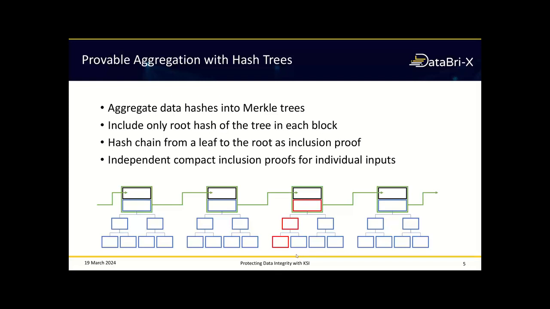But after those two steps have been verified, it provides a strong cryptographic proof that the data existed at the time when this block was created in the ledger, and the data has not been changed after that, which are the goals that we wanted from a timestamping service in the first place.